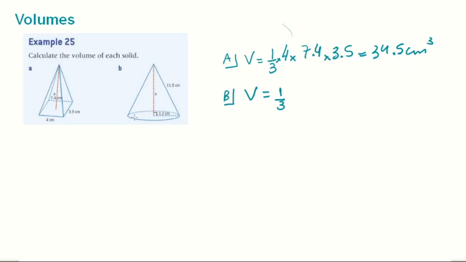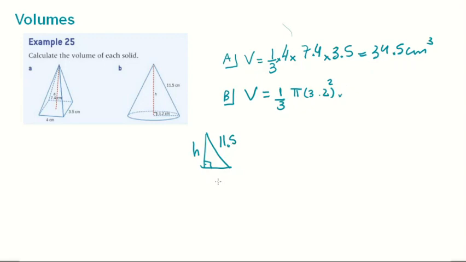For letter B, it's again a third, and its analog is a cylinder. So if we had a cylinder with those characteristics, pi r squared, so pi times 3.2 squared times the height, 11.5, right? Actually, 11.5 is this side. It's not what we need. So we need to find the height first. To find the height, let's make a triangle. This is going to be a right triangle. This is our height h.